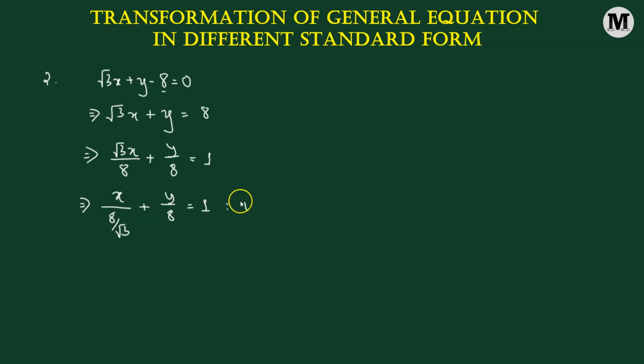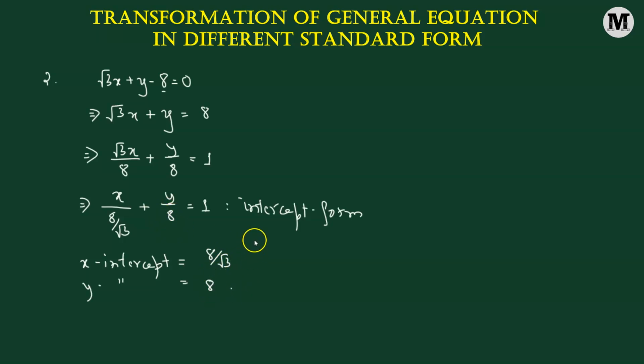This is nothing but the intercept form of a line. We needed to find these two parameters, the x-intercept and the y-intercept. The x-intercept is going to be the number below x, that means in the denominator of the first term, so 8 over square root of 3, and the y-intercept is going to be equal to 8.